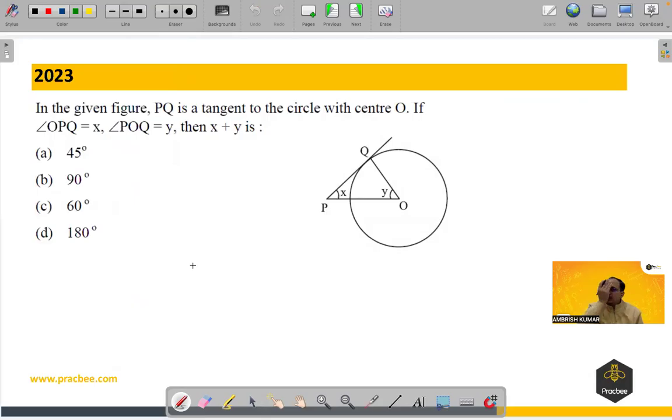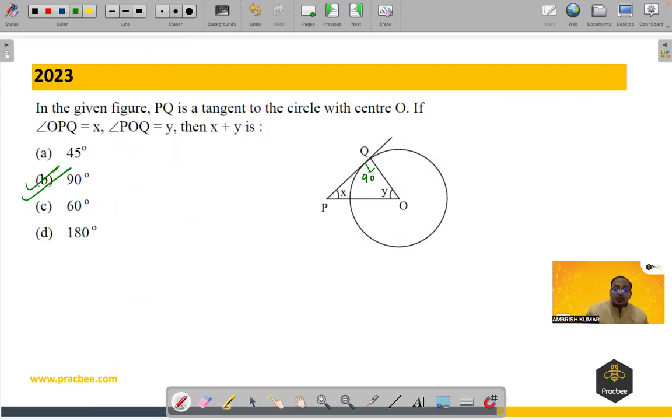Okay, here in the given figure PQ is tangent to the circle with center O. So PQ is the tangent, means here you are going to have 90 degree. So x plus y, it's a triangle, so x plus y again has to be 90, quite easy. Then only the angle sum property of the triangle has to be used, that's it.